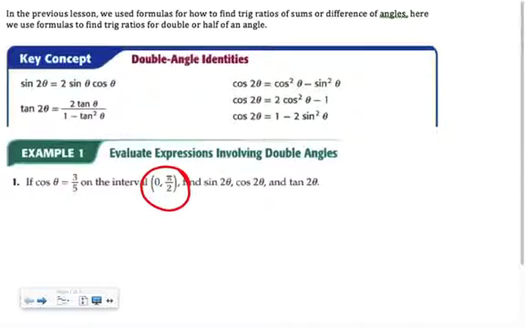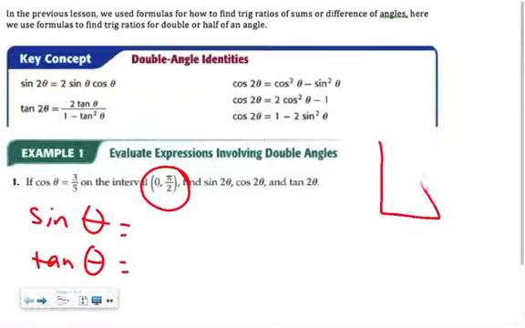We're told that cosine of theta is 3/5 on the interval 0 to pi over 2. That means the angle is in quadrant 1, so the sine of theta and the tangent of theta are both going to be positive. I can use Pythagorean's theorem to find the missing side length.